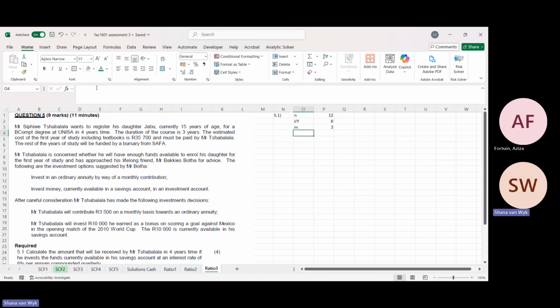And then what does he have in his savings account? Estimated cost, invest money, currently available in savings account. Oh, 10,000. Okay, got it.